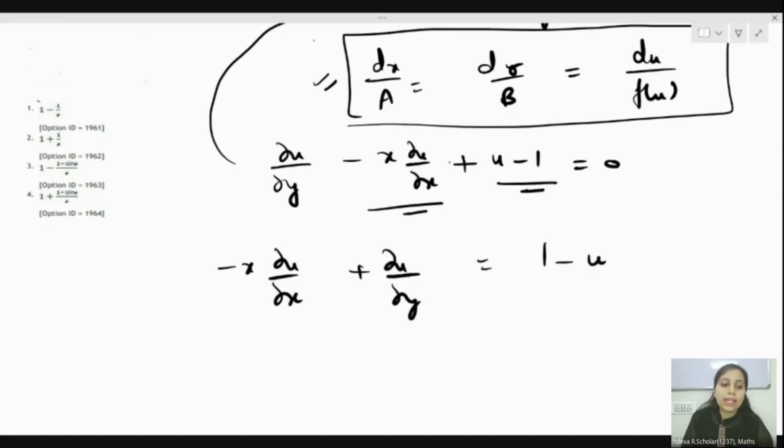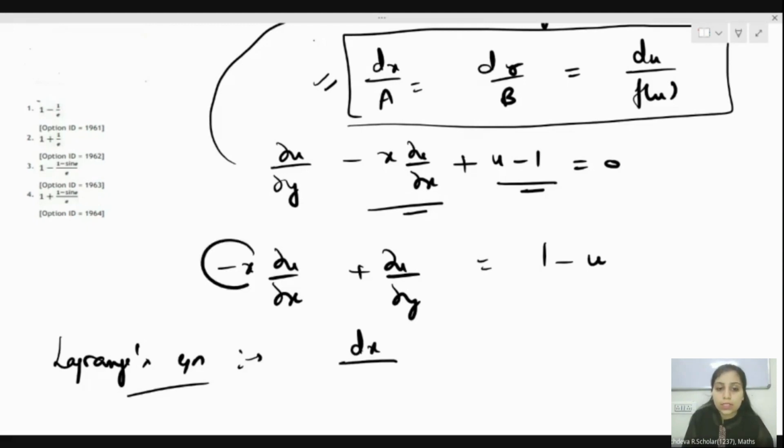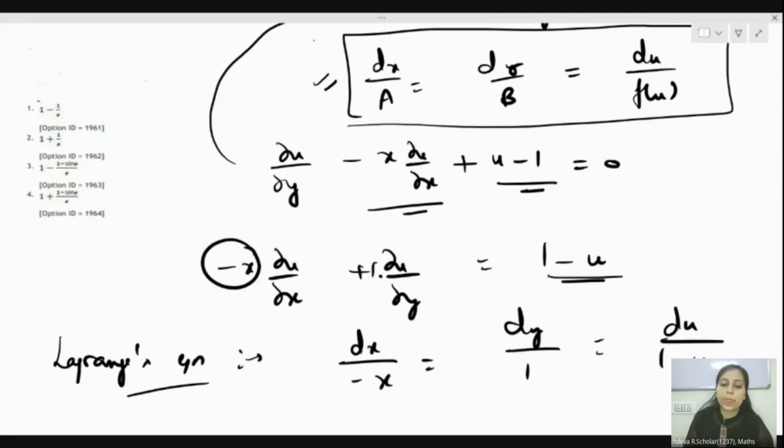Now we can write the Lagrange equation. We get dx upon minus x, dy upon the coefficient of this, that is 1, and du upon 1 minus u. Now, no need to solve further.